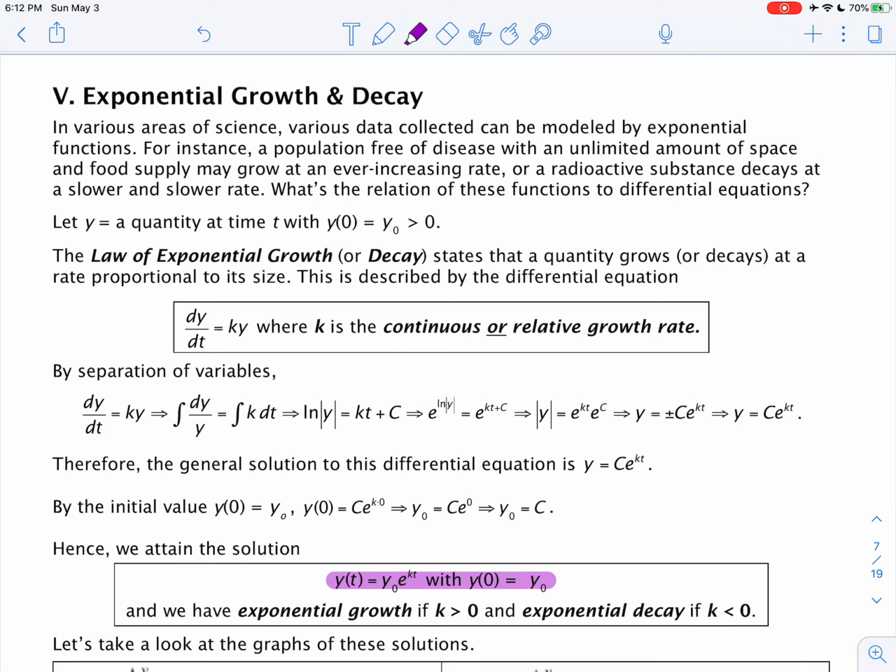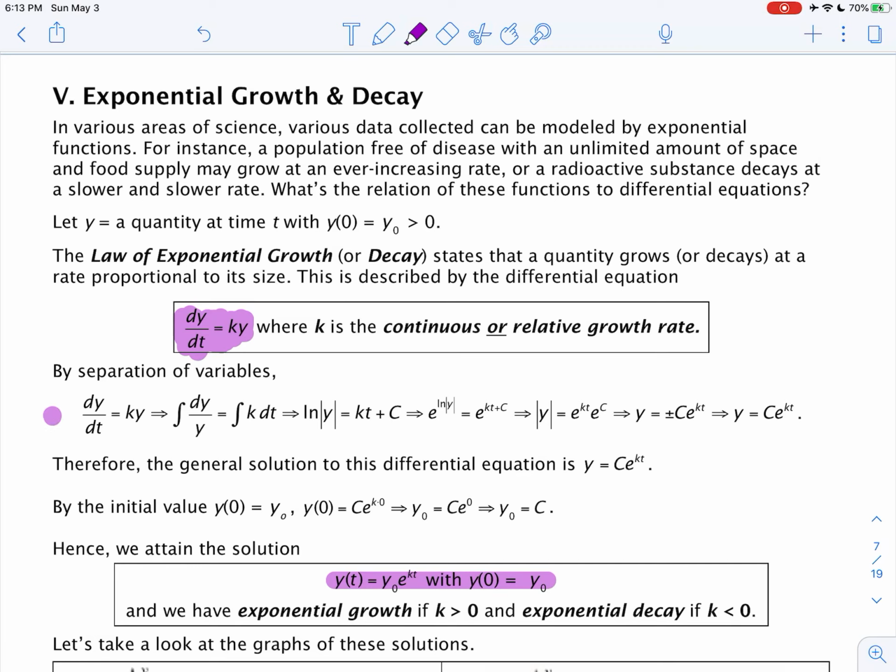So if we let y be the size of the population at time t, then dy/dt is going to equal a constant times y. And k is known as the growth rate. And you could use this for decay rates as well.